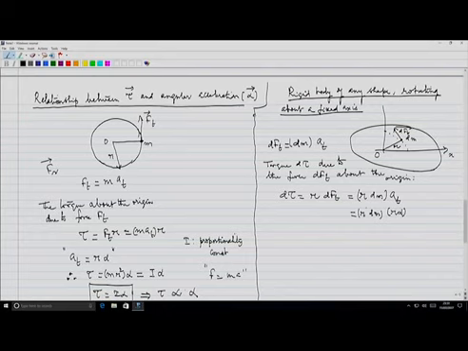This is equal to alpha times integral r square dm. This is for tau. So this implies tau is equal to I times alpha.